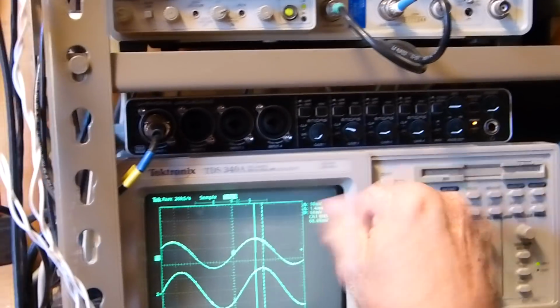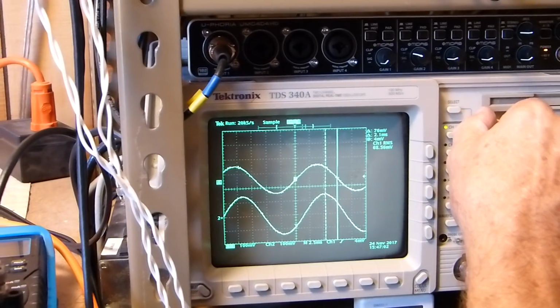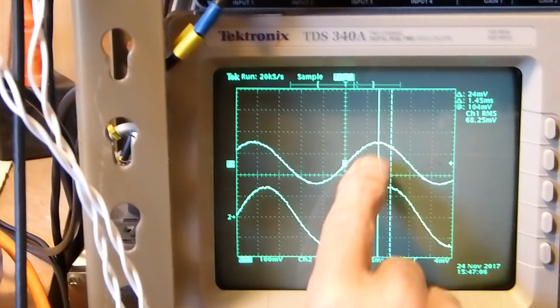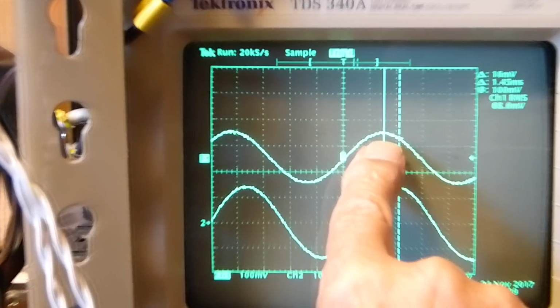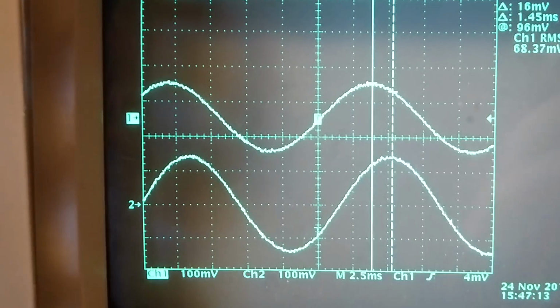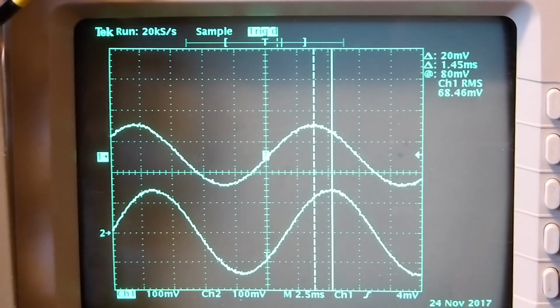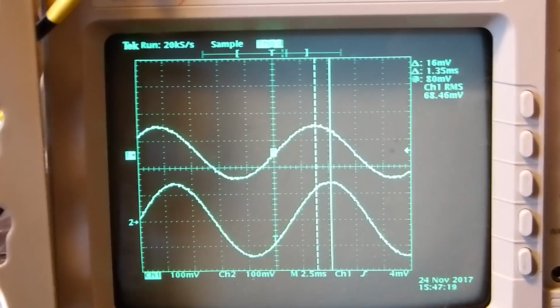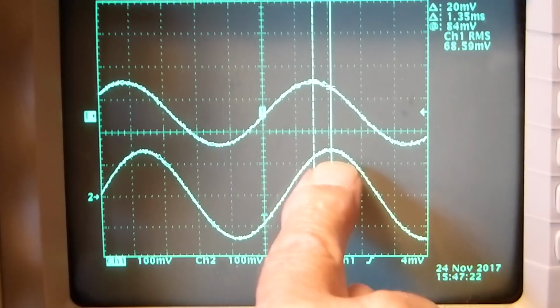I'm putting this one, or either one, it doesn't matter. You can put this one on the right or on the left, but I'm putting it right smack in the middle of the top, right at the very crest of this sine wave. And then I go to the other one, and I put it, this right here, that's what I'm moving around. I put it right at the very crest of this sine wave.